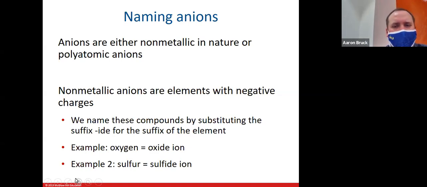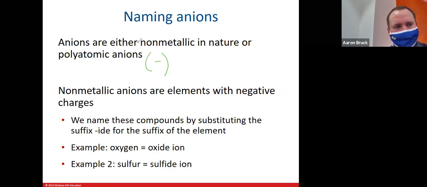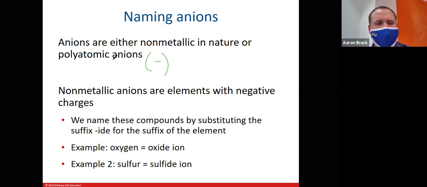So to finish up ionic, we're going to talk about ions, in particular the anions. Remember, anions have a negative charge. And they come in two different forms.